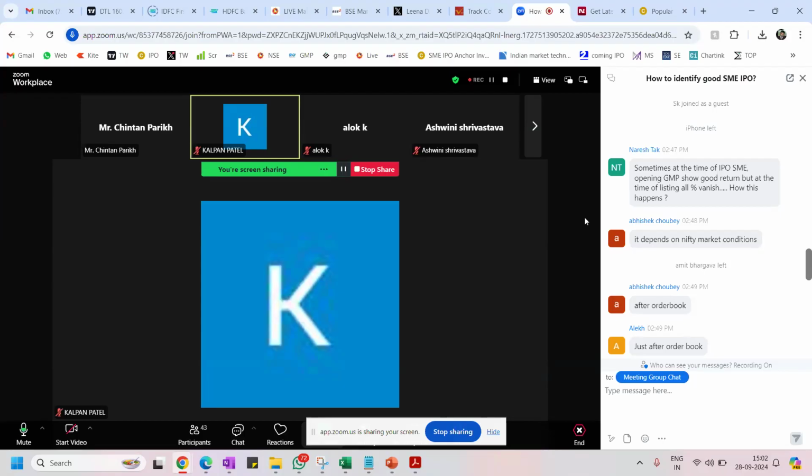I'll initially take 10 bids or 20 bids at a certain price, let's assume at 20 rupees premium, and then it starts the ball rolling. I give the confirmation to the grey broker saying minimum we're going to open the IPO at 20 rupees premium, so that grey market broker goes and starts taking bids from his contacts.